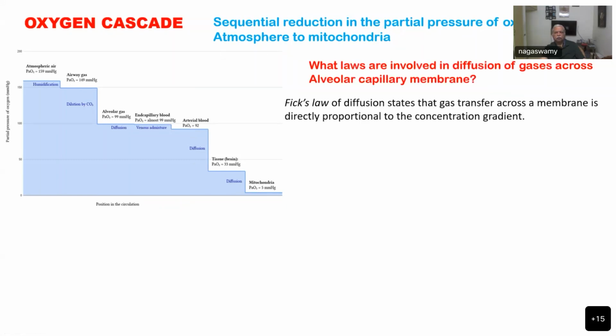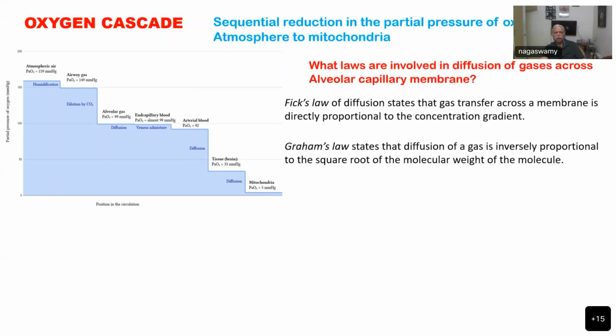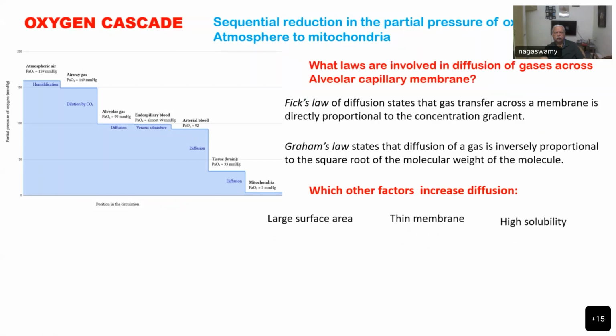So the laws which are involved in the diffusion of gases at the alveolar capillary membrane are Fick's law, which is about the concentration gradient, and Graham's law, which states that diffusion is inversely proportional to the square root of the molecular weight of the molecule. So the other factors of diffusion are large surface area, thin membrane, and high solubility.